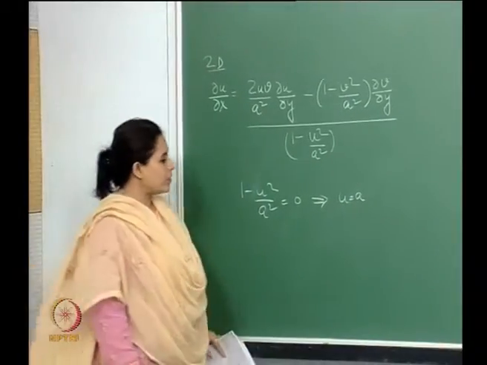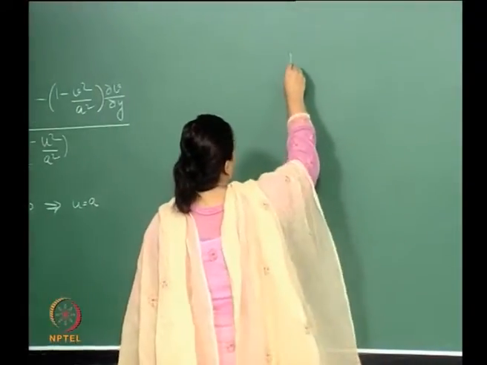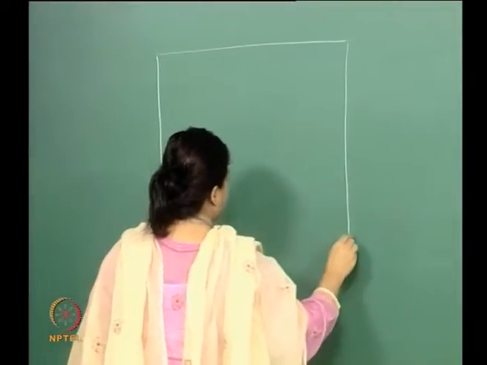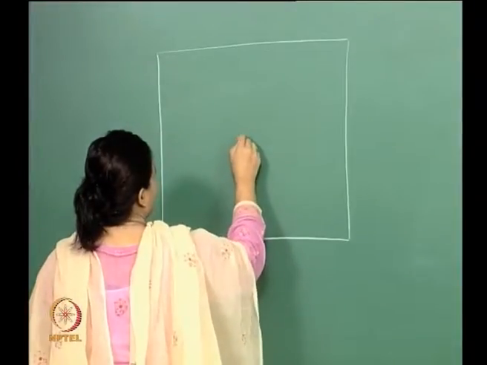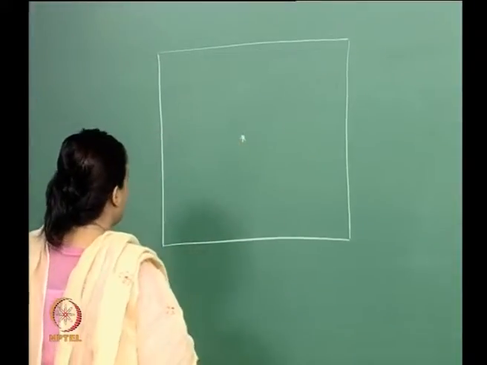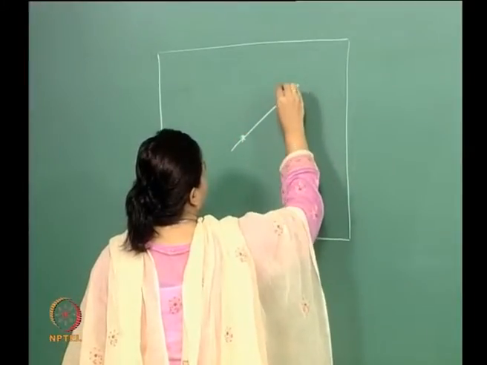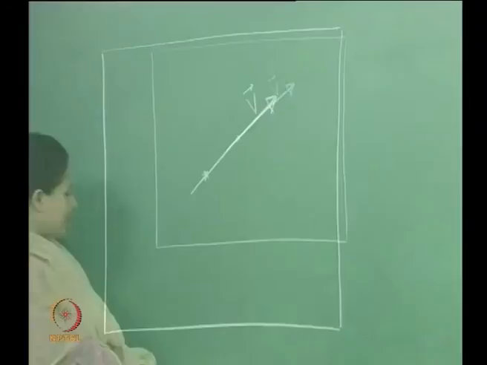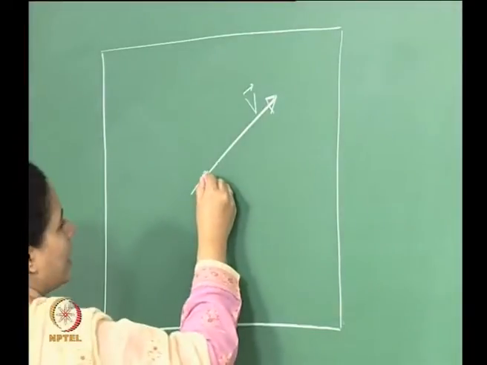So, if I have a grid, or any point in my flow field, somewhere over here, this is the streamline direction, this is the velocity vector, right.